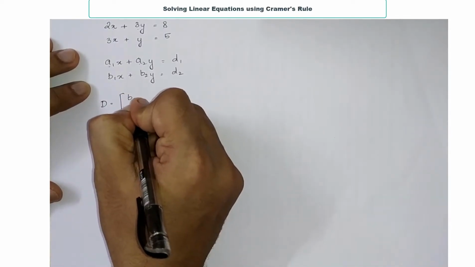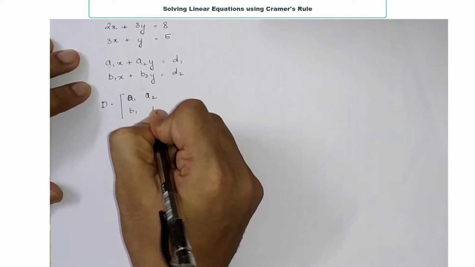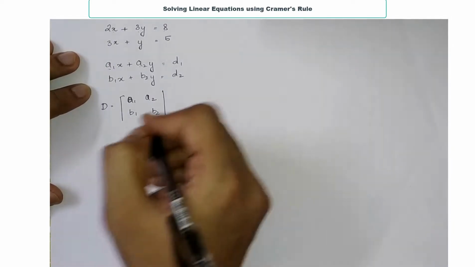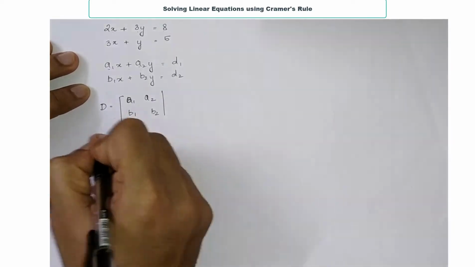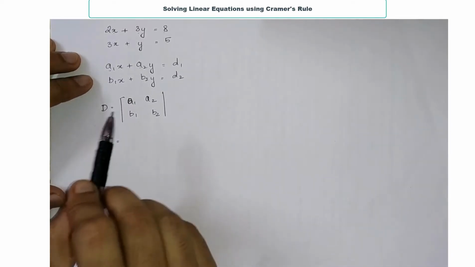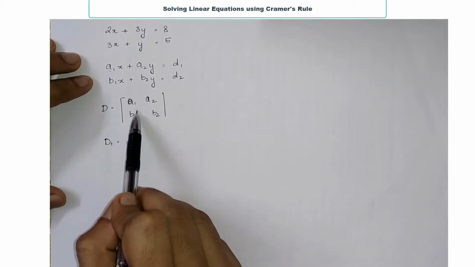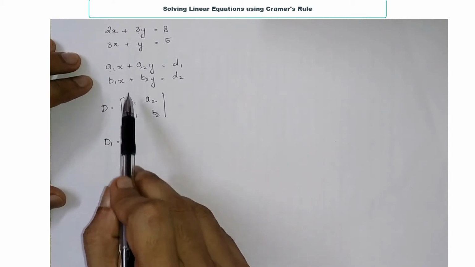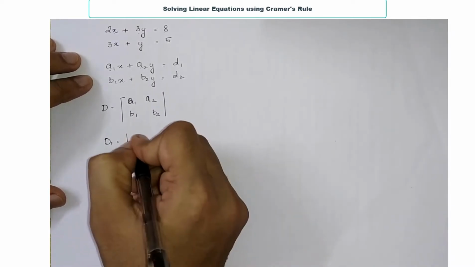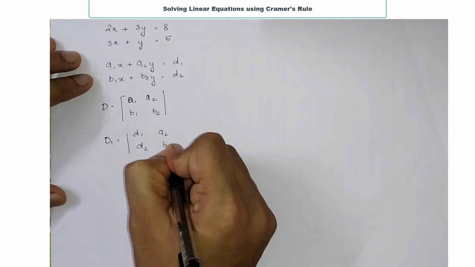So this is D. Now you have another determinant called D1. Whenever you say D1, remove the first column and put d1, d2 there.